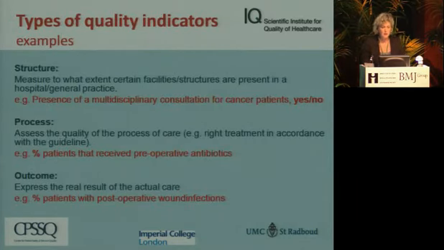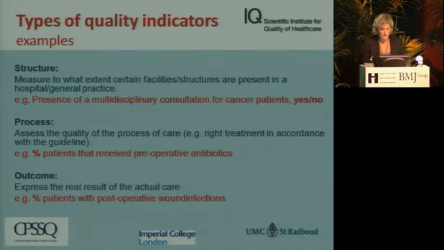In short, what do we measure with the different types of quality indicators? With structure indicators, you can measure to what extent certain facilities or structures are present in a hospital or a general practice. An example is the presence of a multidisciplinary consultation for cancer patients. With process indicators, it's possible to assess the quality of the process of care, for example, right treatment in accordance with the guideline.